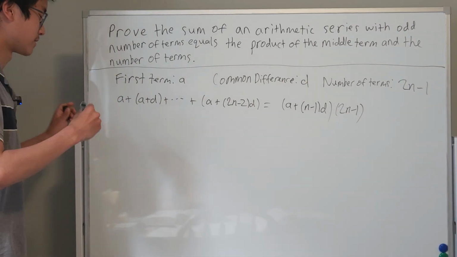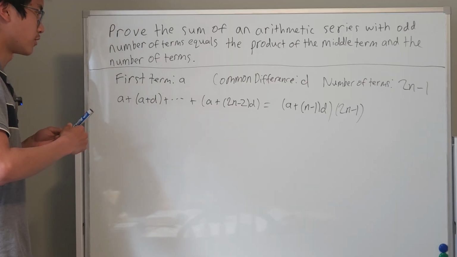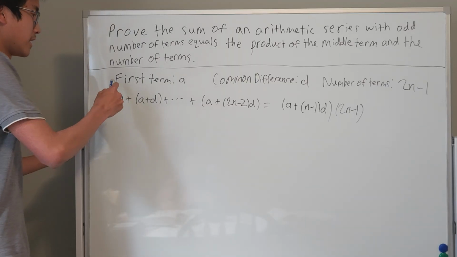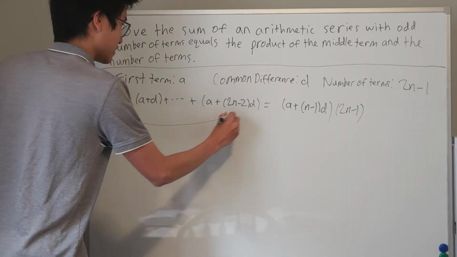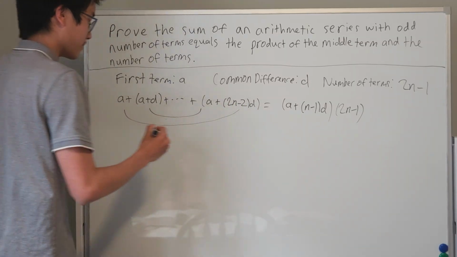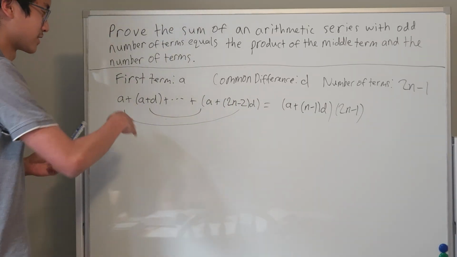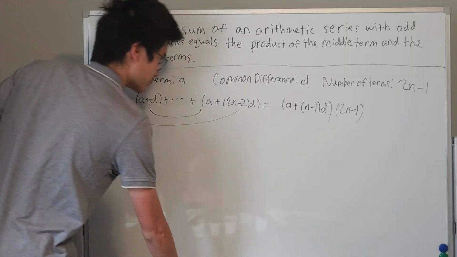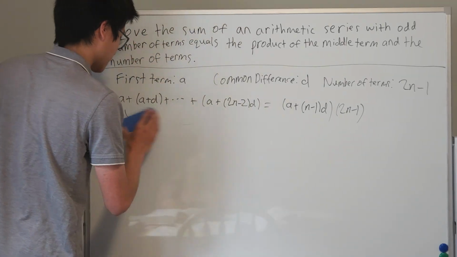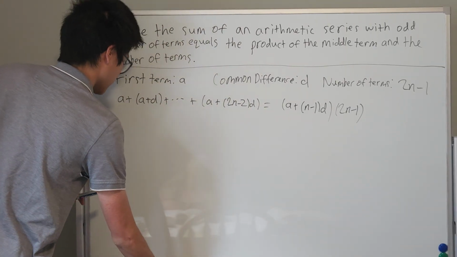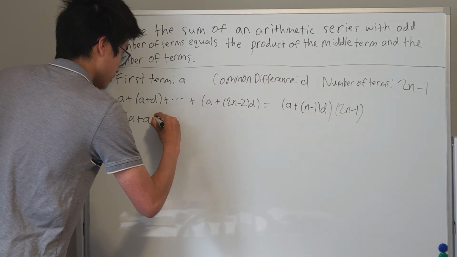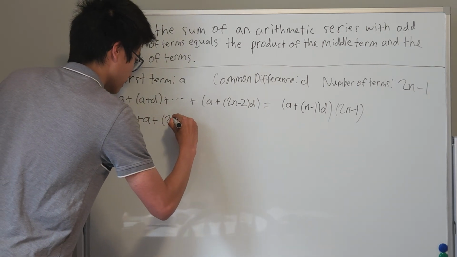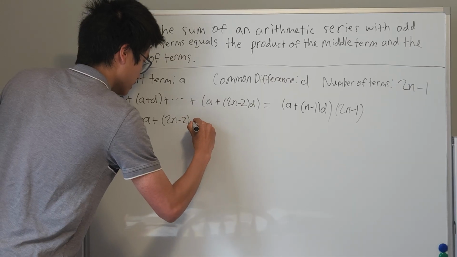We notice that if we pair these up, and then pair these up, the sum of these two is always the same. Precisely, this will be a plus a plus (2n minus 2)d.